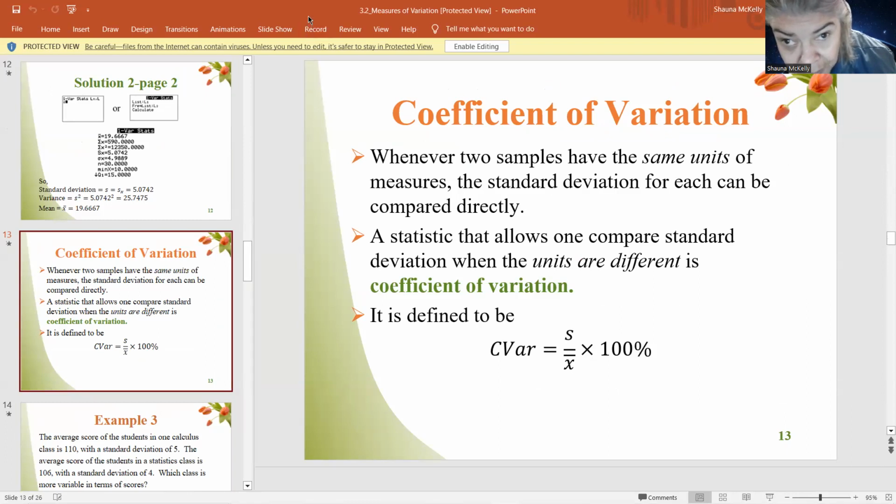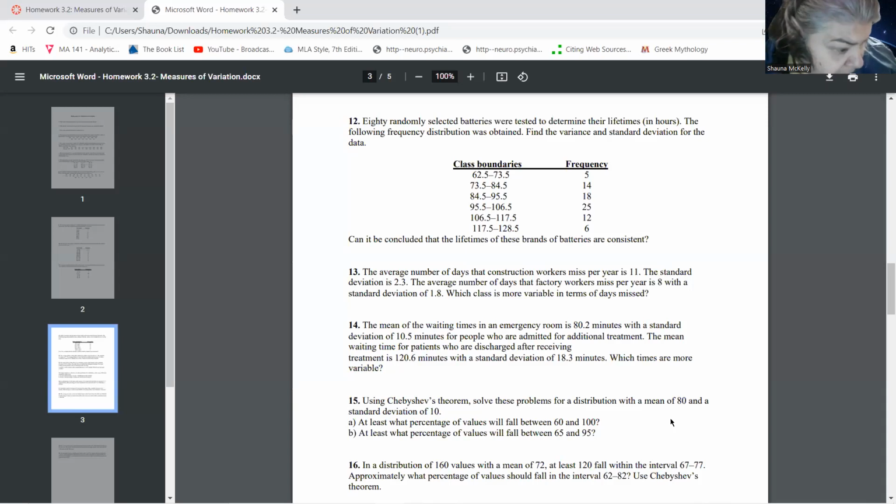So I'm going to go back to the homework here, and we'll do a calculation, right? I'm going to take a note here and then I'll put it on the whiteboard. So for construction workers, we have the average number of days. Average is another name for the mean, so be aware of that.